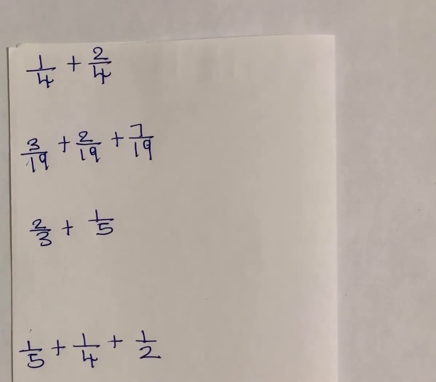So using our knowledge of finding LCM and or HCF or LCD, the lowest common denominator, we are going to proceed. Also, our knowledge of changing mixed fractions to improper fractions may be used in some cases.